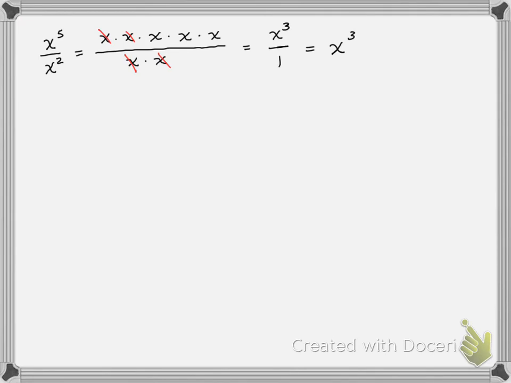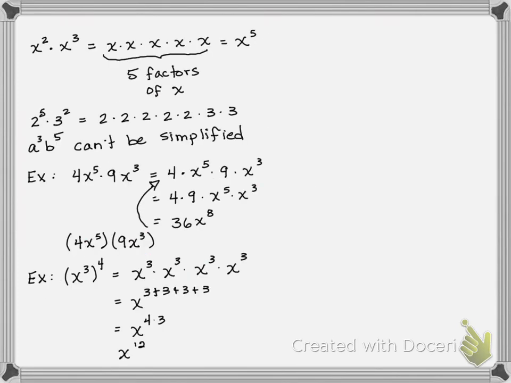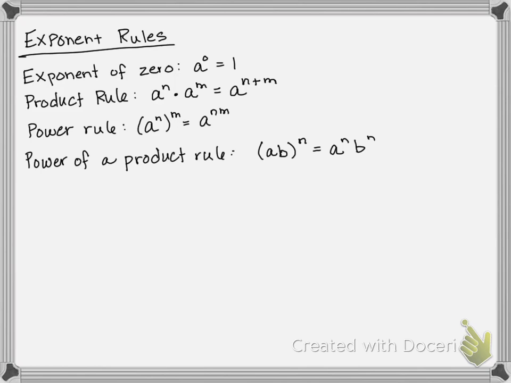So if we think of always reducing the number of factors in both the numerator and denominator by however many factors are in the denominator, then that denominator is always going to end up being 1. And the numerator is always just going to be whatever the exponent in the numerator is minus whatever the exponent in the denominator is. So that leads us to our quotient rule.